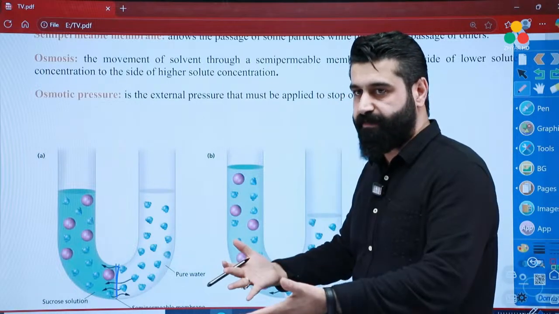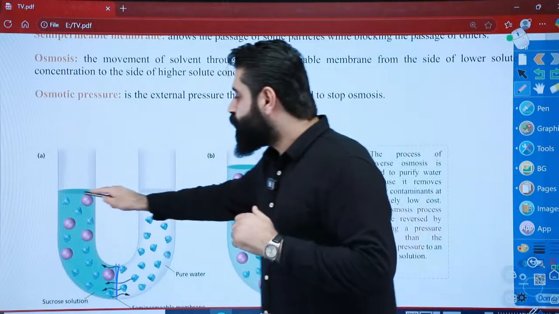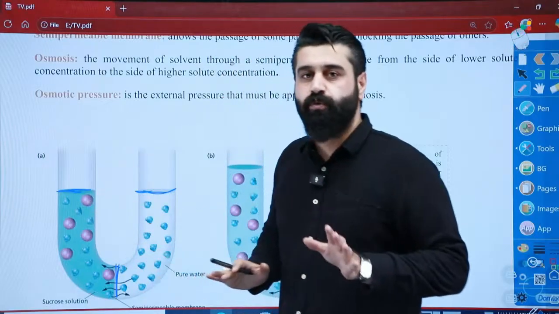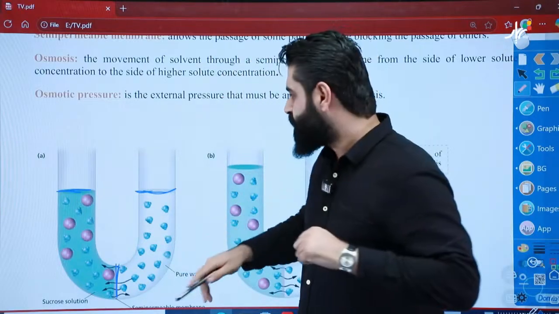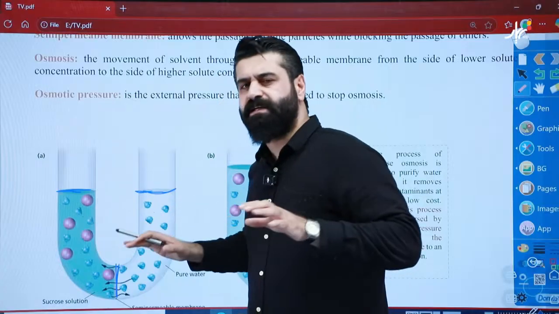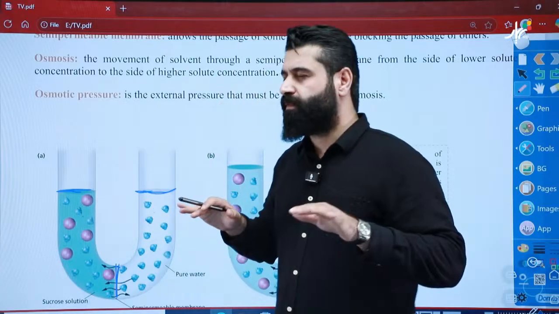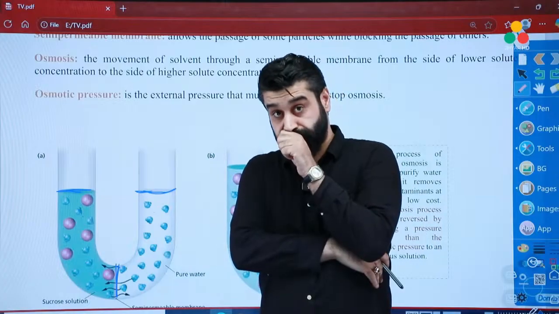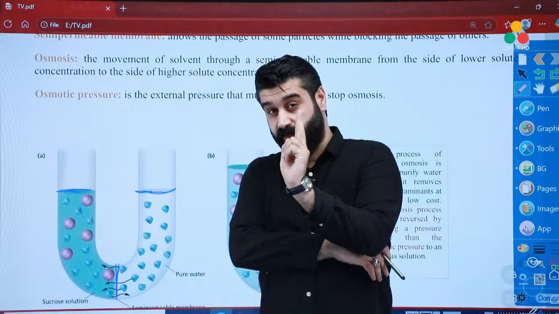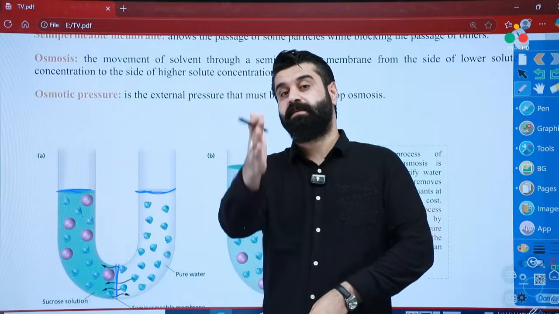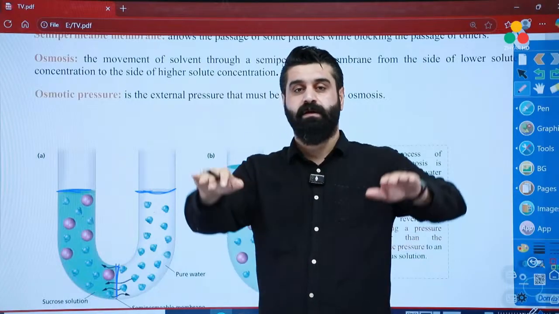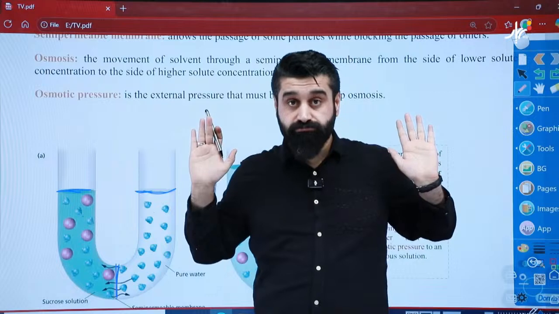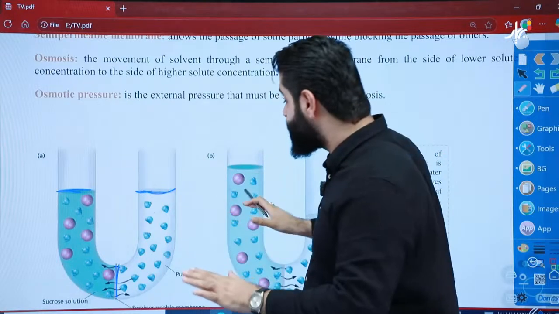Now it's time for the second point. Two equal amounts. We will use two equal amounts. Two what? Equal amounts, with different concentrations. Look, the amounts are the same, but the concentrations are different. So now we have two important points. The first one, there must be a semi-permeable membrane, then two equal amounts with different concentrations. Okay, let's see.